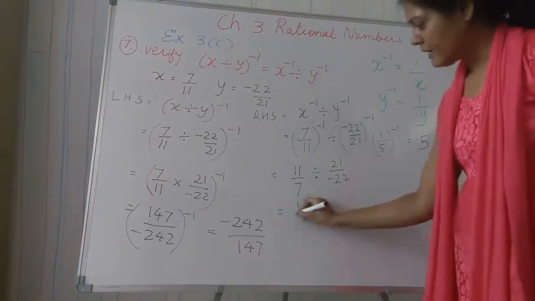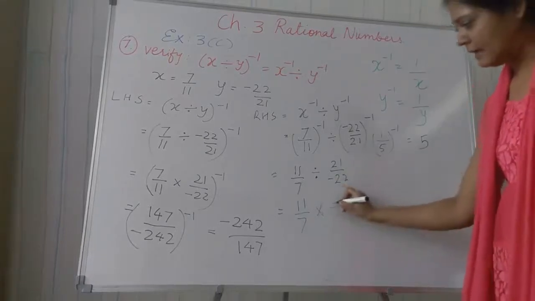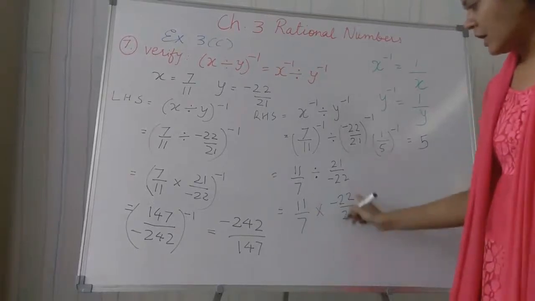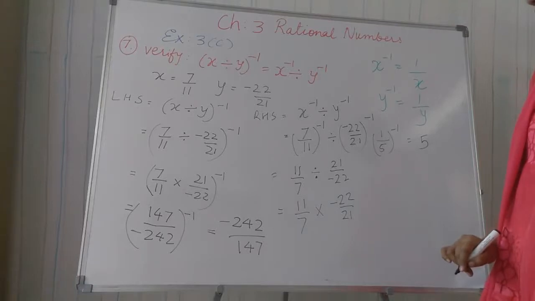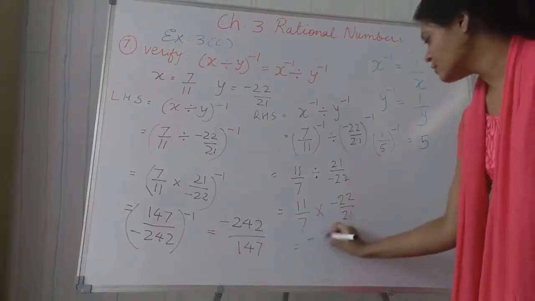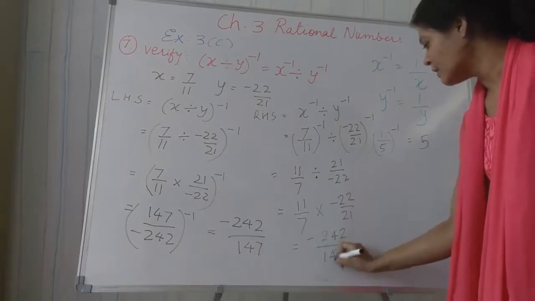Now 11 by 7 as it is, division converted to multiplication, and take the reciprocal of this. So again you can see we cannot change it any more. So we write here this is minus 242 divided by 147.